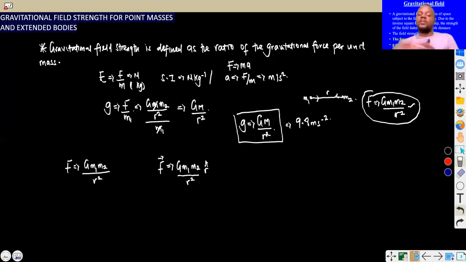Remember when I explained in the introduction, we are taking the distance of separation between the two bodies. So we are saying the force exerted by the first body with respect to the other mass, and the force exerted by the second body with respect to the other mass. This is the way we relate gravitational force.